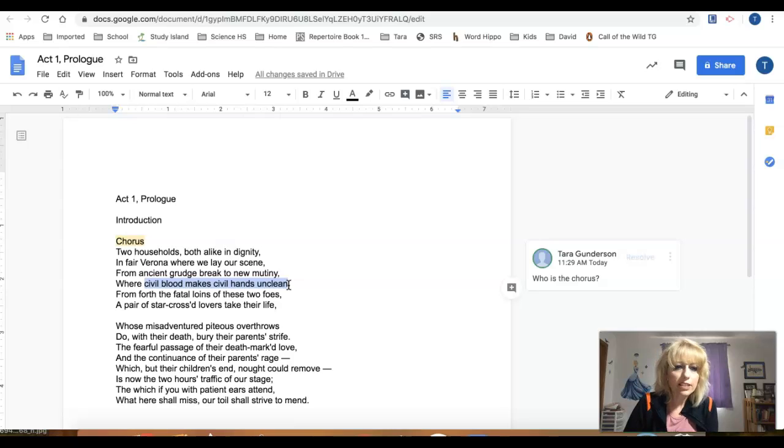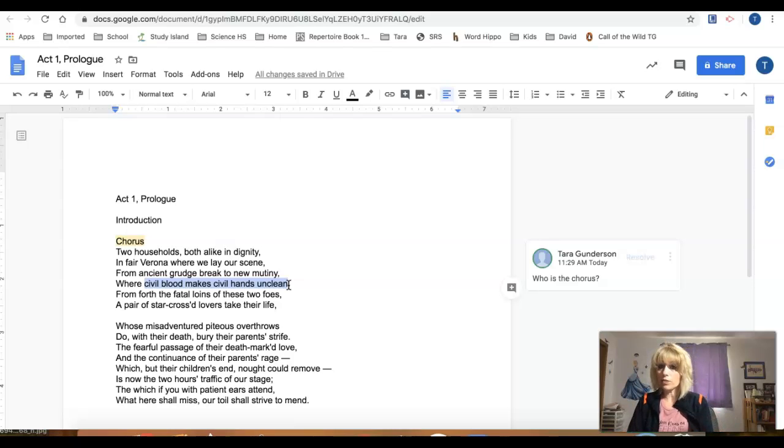And the continuance of their parents' rage, which but their children's end naught could remove. So the only way that the parents were ever going to try to get along is through the death of their children. Is now the two hours' traffic of our stage, the which, if you with patient ears attend, what here shall miss, our toil shall strive to mend.